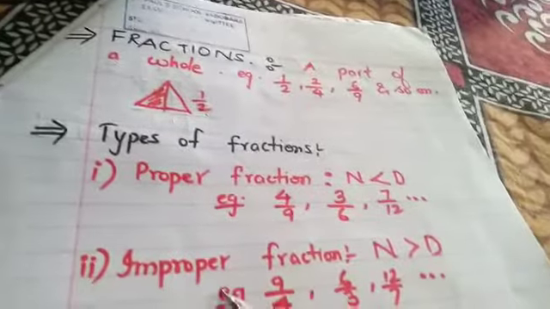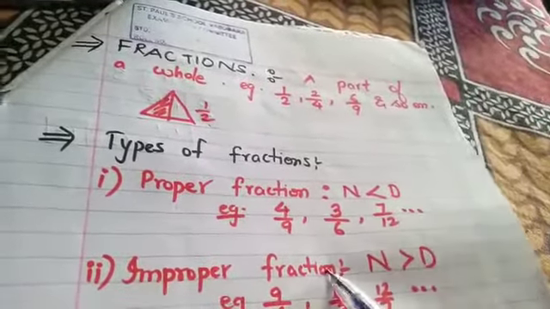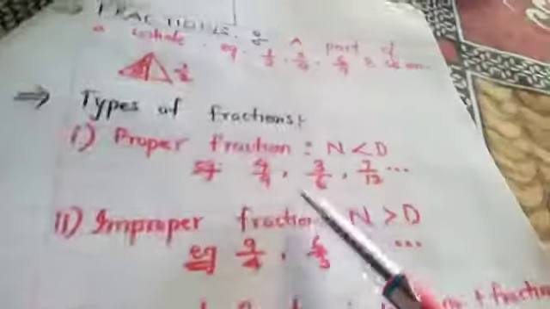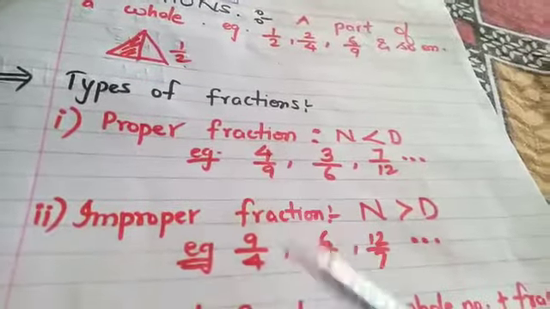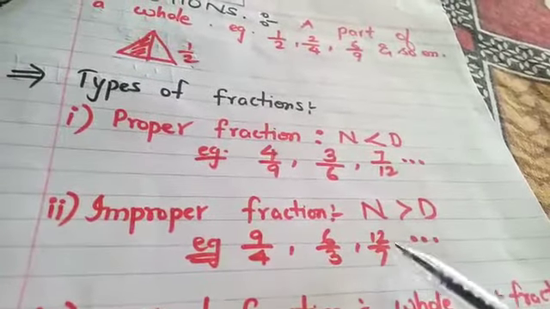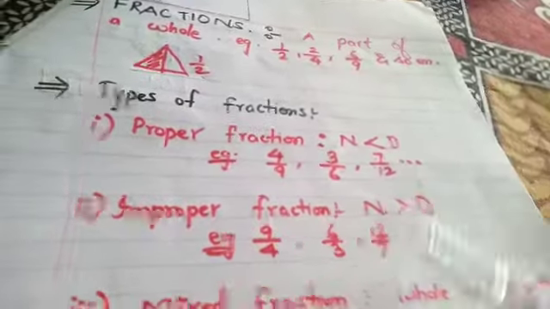Okay, improper fraction, see here, the opposite of proper fraction is improper fraction. The numerator is greater than the denominator. We will take this example only. See 4 upon 9 here, 9 upon 4, opposite. 6 upon 3, 12 upon 7. The numerator should be greater than the denominator.